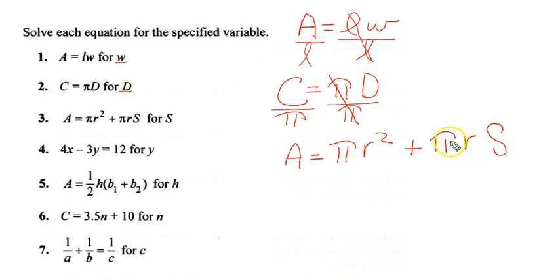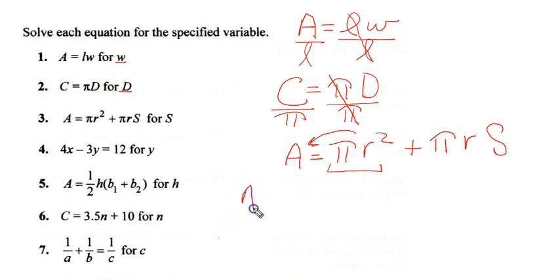So this is a sphere, perhaps. They want us to solve for this s. So we have to isolate the term that contains the s on one side.